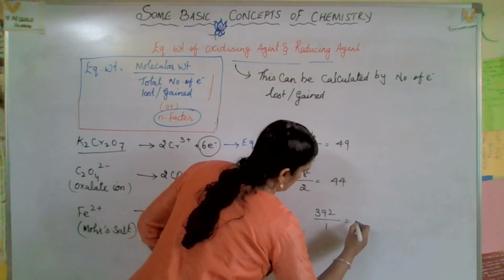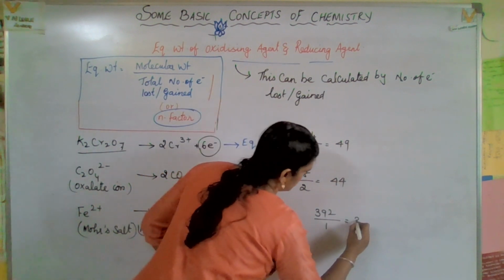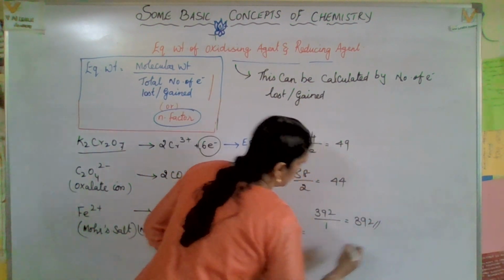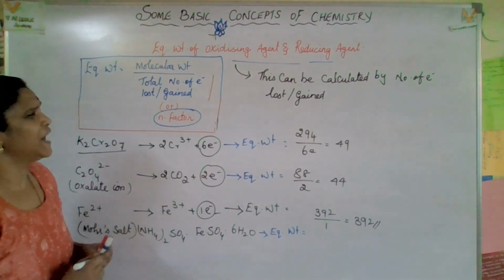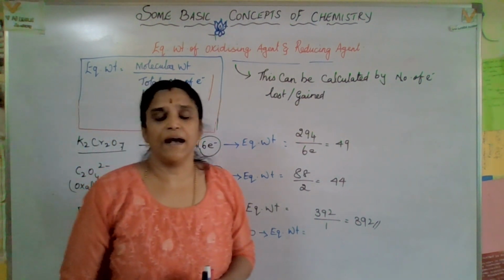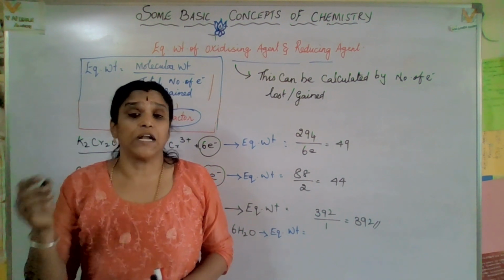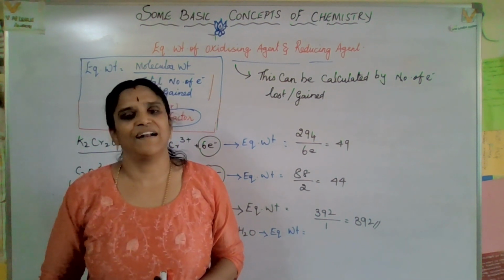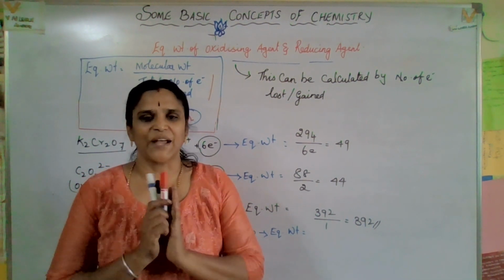So you will get the equivalent weight of Mohr's salt 392. Hope you got a clear idea about equivalent weight. Okay, some more important questions, let us check in another video. Thank you for watching.